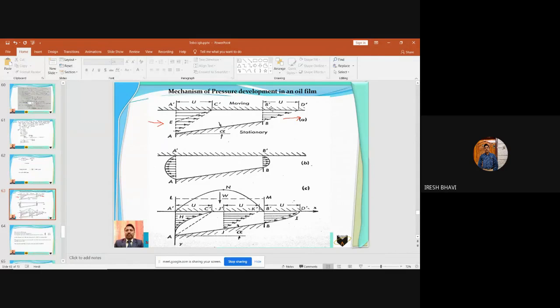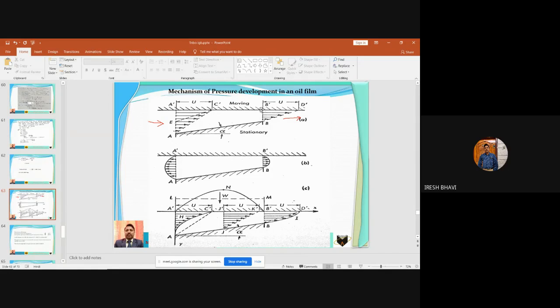What does that mean? The volume of fluid entering is more than the volume of fluid leaving. And when the volume of fluid entering is more and the volume of fluid leaving is less, then automatically pressure will be built up in the mid section, because the volume of fluid entering is A C dash A dash and the volume of fluid leaving is B D dash B dash.